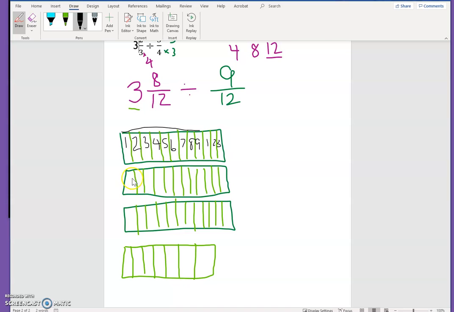Once we end this box, you just continue counting. So after 3, 4, 5, 6, 7, 8, 9. And we keep doing this until we get down to the bottom. And once you get to 9, start back at 1.